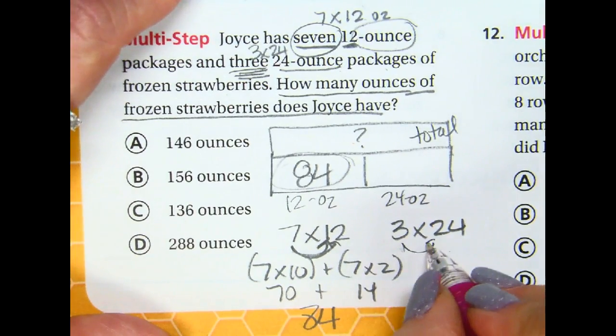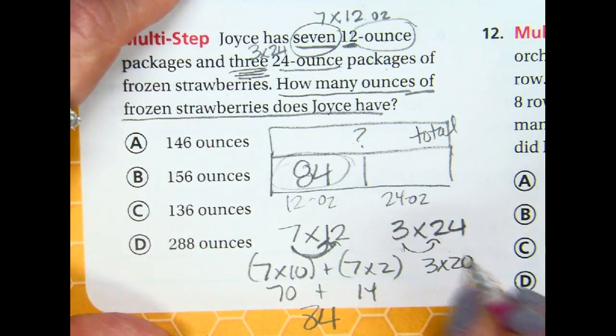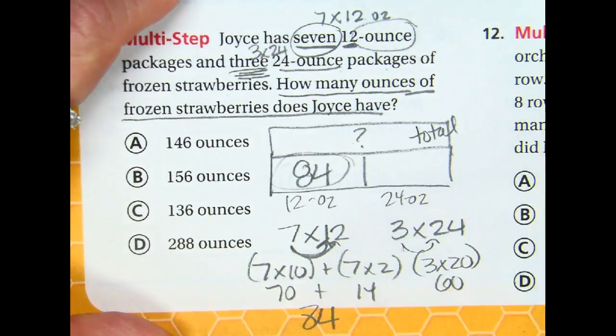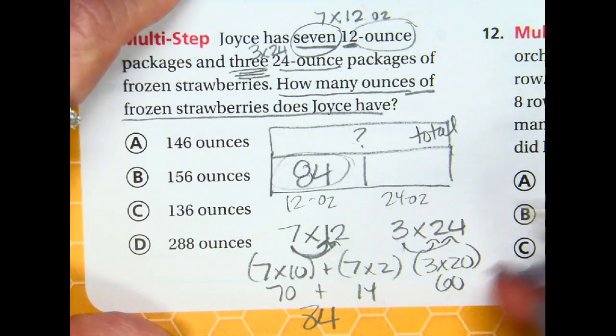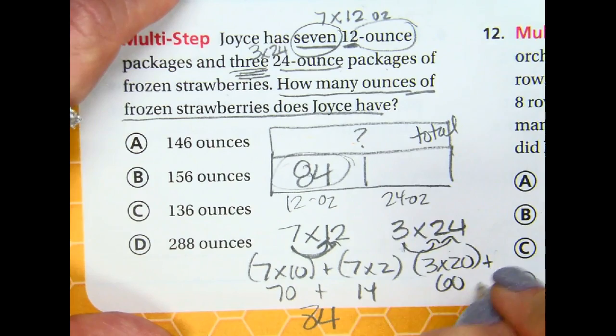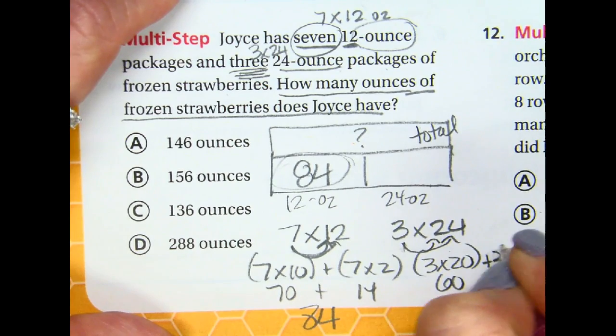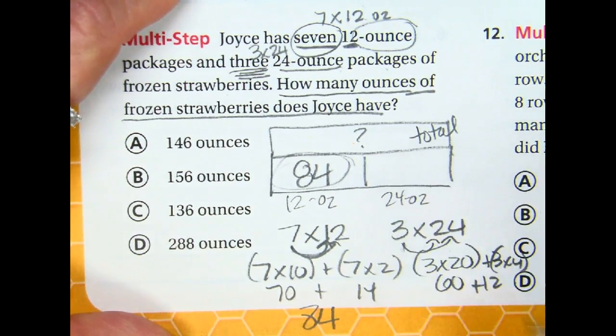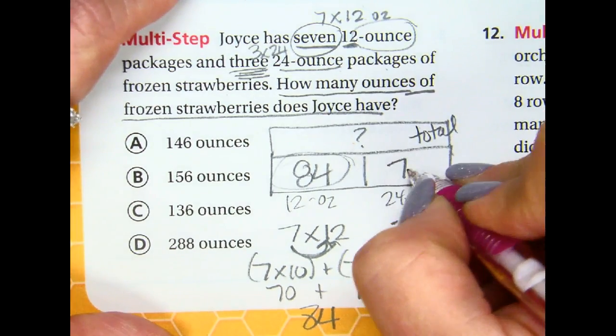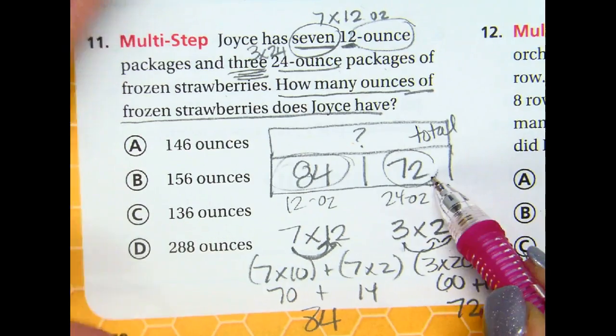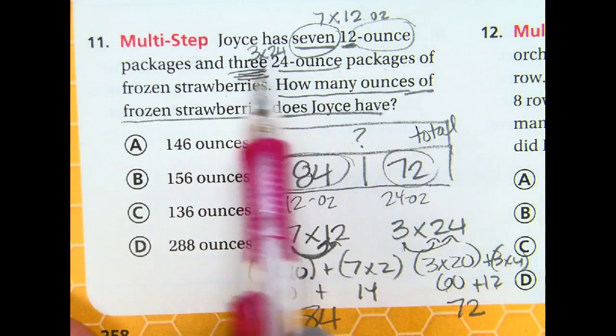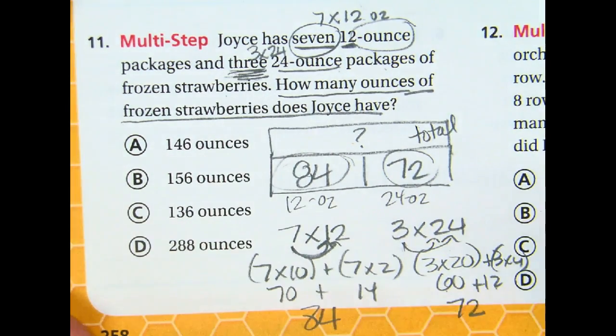Okay, so 3 times 20 is 60. 3 times 4 is what? 12. So what's 60 plus 12? It's 72. So now we know that we have 72 ounces of strawberries contained in those 3 packages.